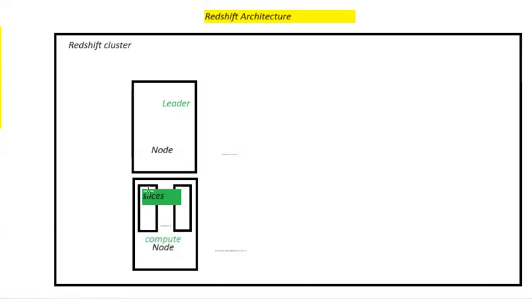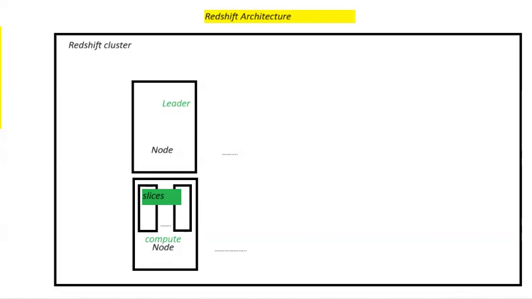So what is a slice? A slice is nothing but a portion of your cluster resource, where the slice contains some CPU, some memory, and some storage. You can assume it as a small compute unit. We are dividing the compute node into multiple slices based on the node type and node size of our compute node.